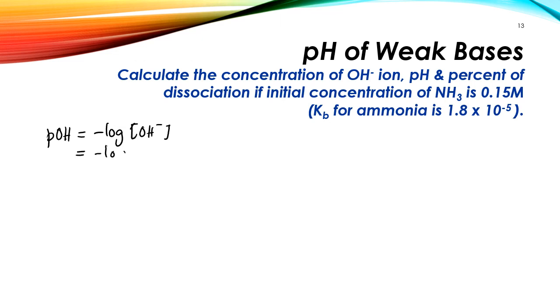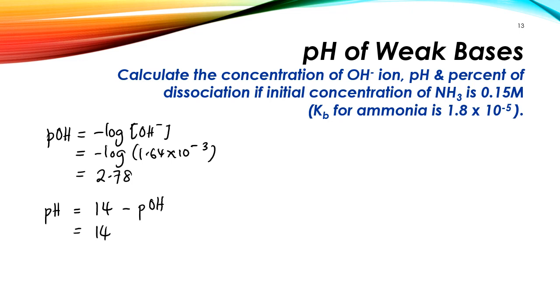Substitute the values of concentration. Negative log 1.64 exponent negative 3 is equal to 2.78 of pOH. To determine the pH, we just subtract: 14 minus pOH.